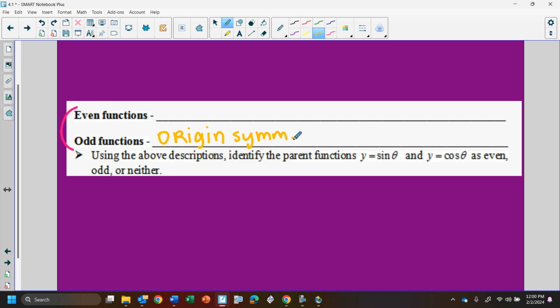Origin symmetry, which does mean it rotates 180 degrees around the origin. Odd symmetry, or an odd function, means it has origin symmetry. It rotates 180 degrees around the origin.